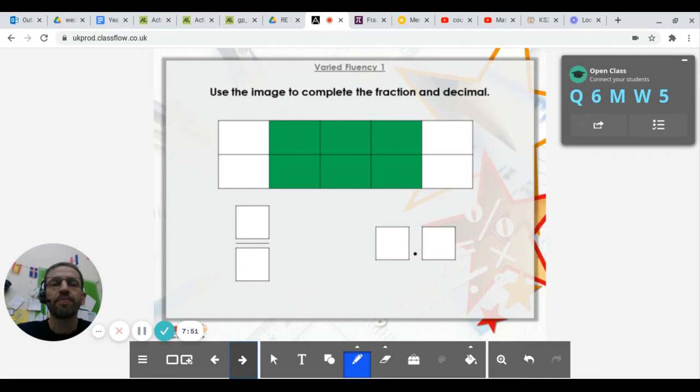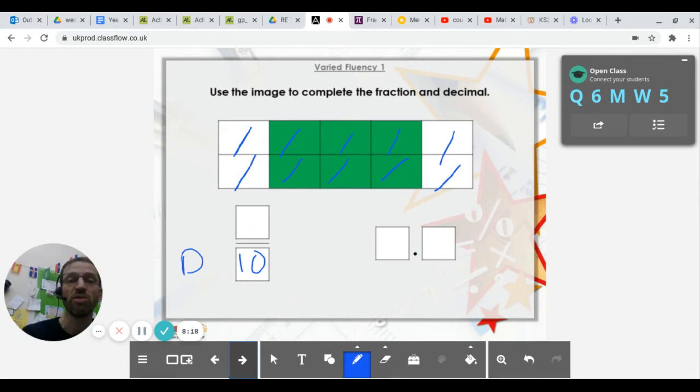Look at this one. Use the image to complete the fraction and decimal. There's a fraction and a decimal, and we're using the image. So we know what the fraction is. We have to count up. There's 1, 2, 3, 4, 5, 6, 7, 8, 9, 10. There's 10 altogether. Altogether, how many is the whole? That's your denominator. I think that's going to be 10.